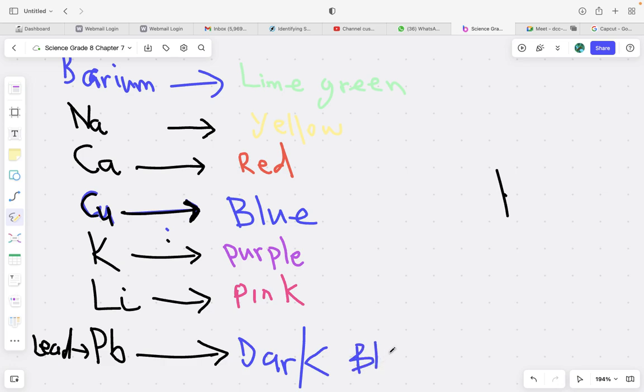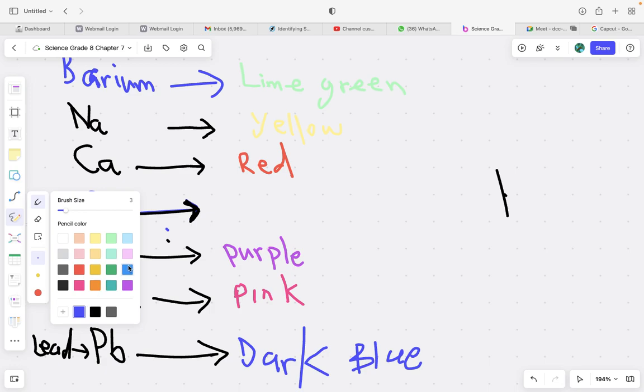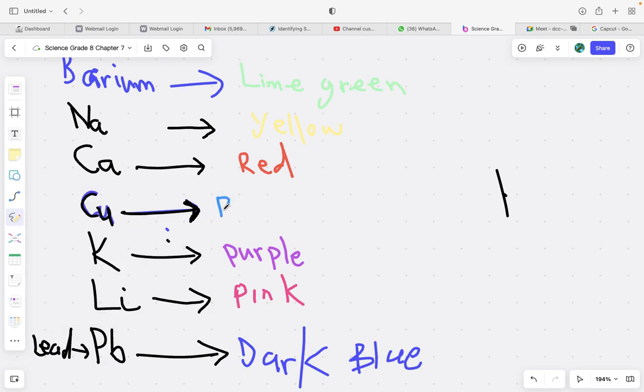So copper, let's change the color of copper to light blue or lighter blue.